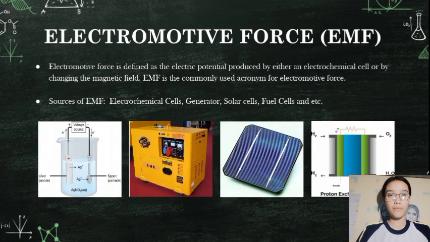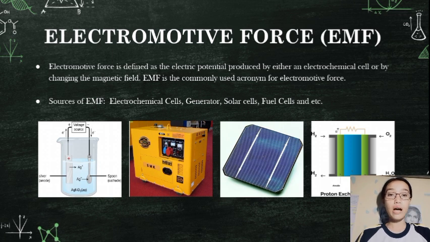Electromotive force, often abbreviated as EMF, is a fundamental concept in electric circuits. So it represents the energy supplied by a source, like the battery or generator, as I have said earlier. This energy allows charges to move through the circuit, creating an electric current.